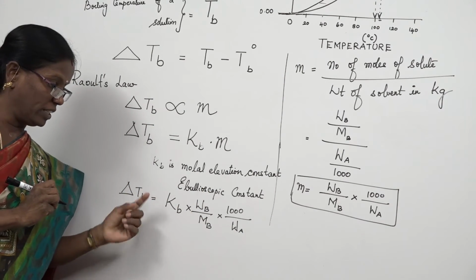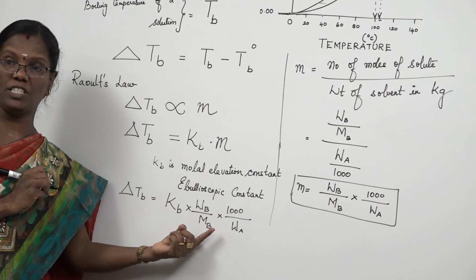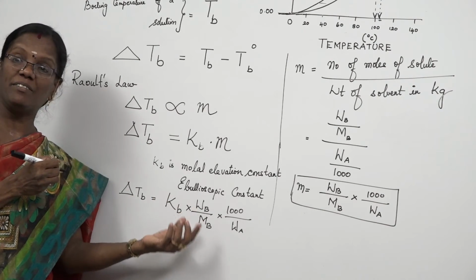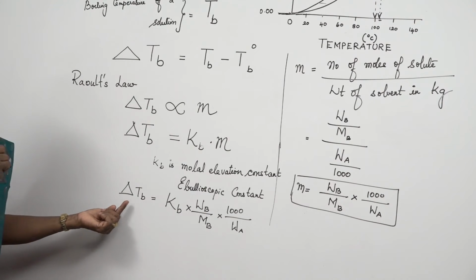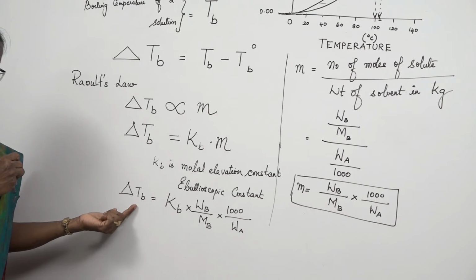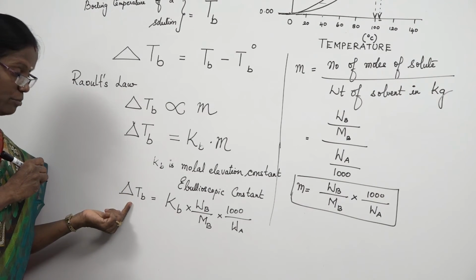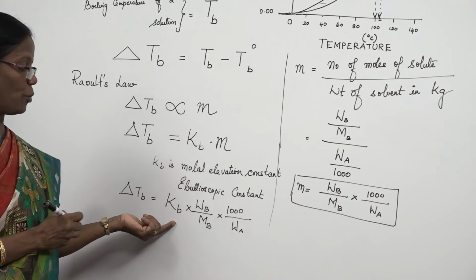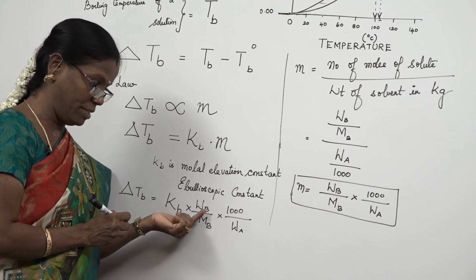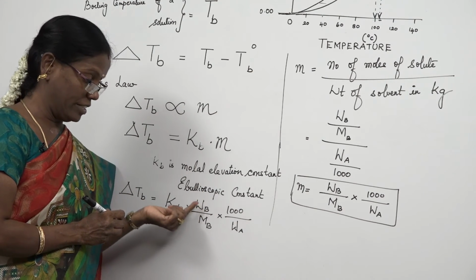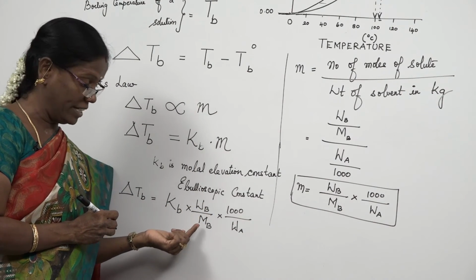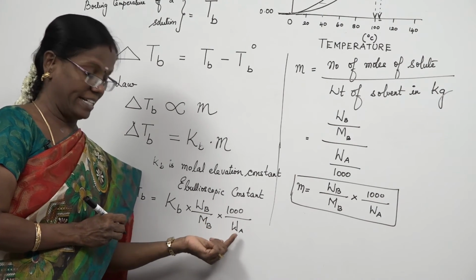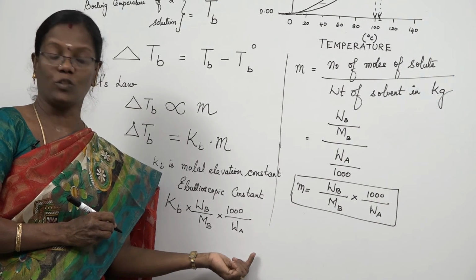You have to know the terms in this equation, then only you can substitute the values given in the problem. Once again, delta T_B is the elevation in boiling point, K_B is the molal elevation constant or ebullioscopic constant, W_B, B always denotes solute, so the weight or mass of the solute, M_B is the molar mass of the solute, and W_A is the mass of the solvent.